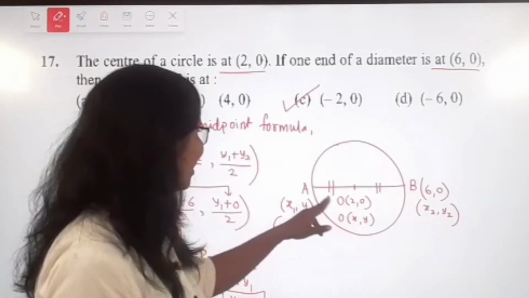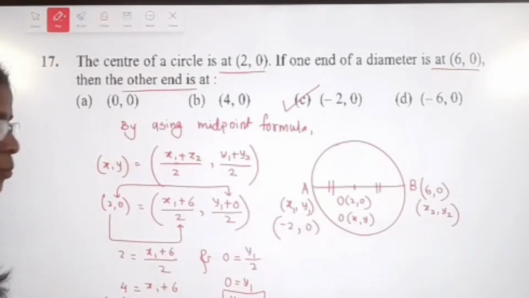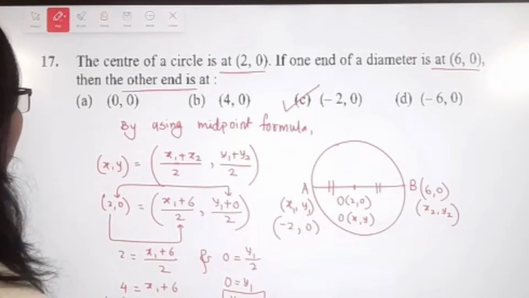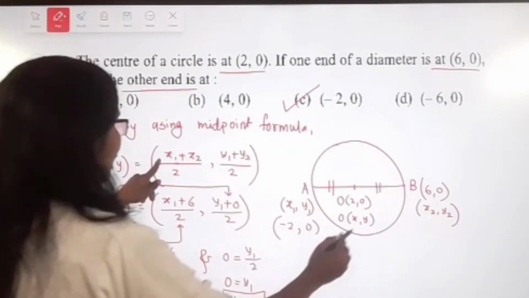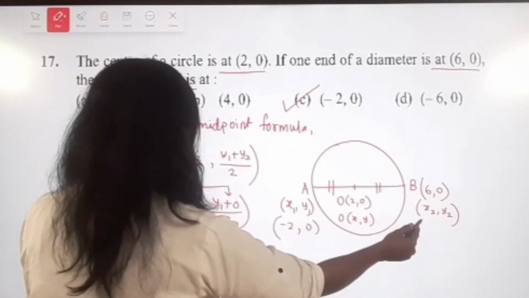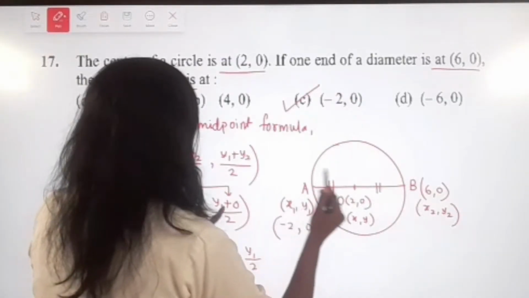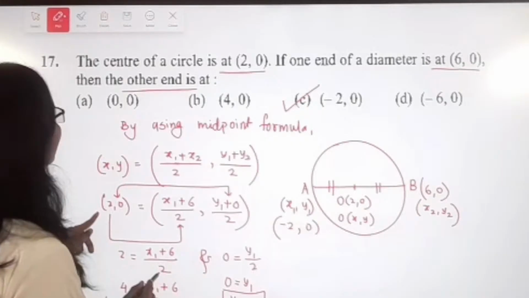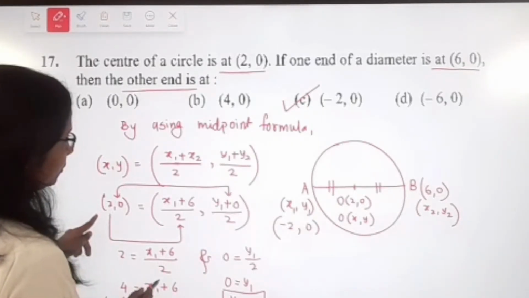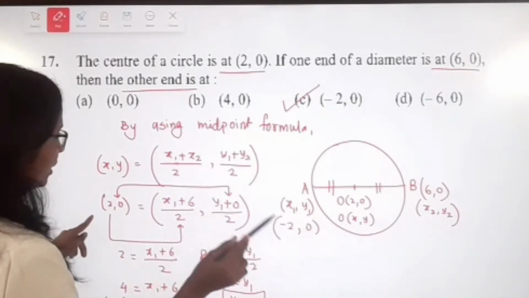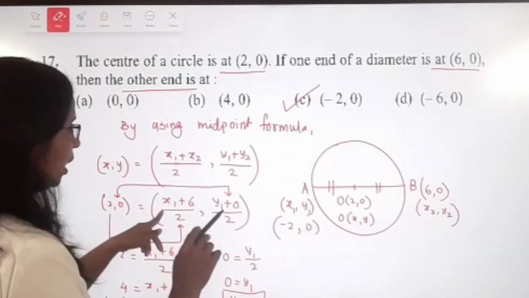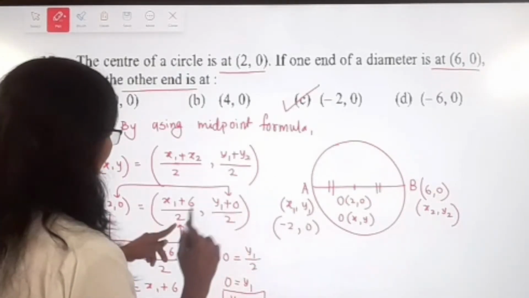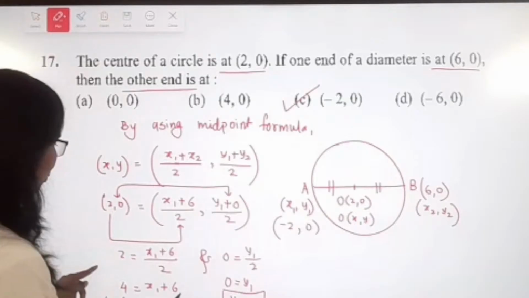So here, students, the answer is correct. (-2, 0), it is the correct answer. x1 plus 6 upon 2, which is equal to 2.